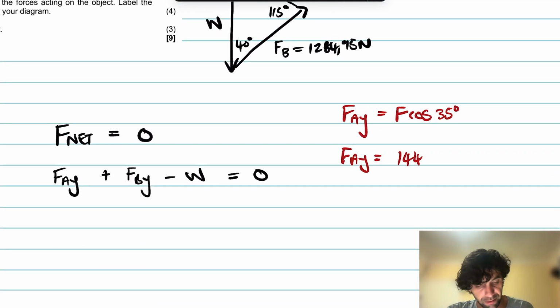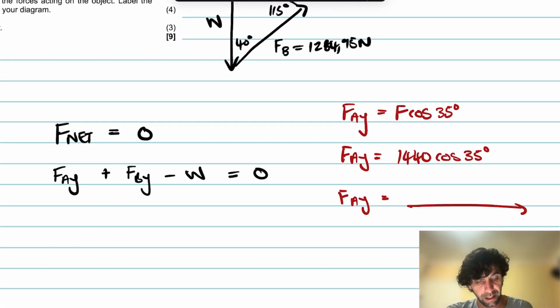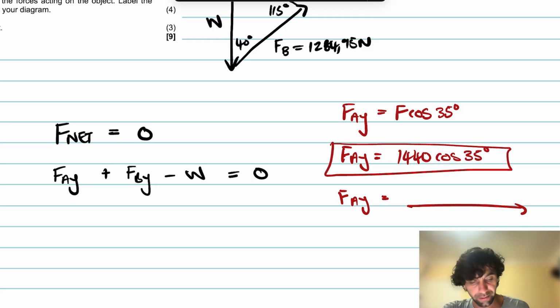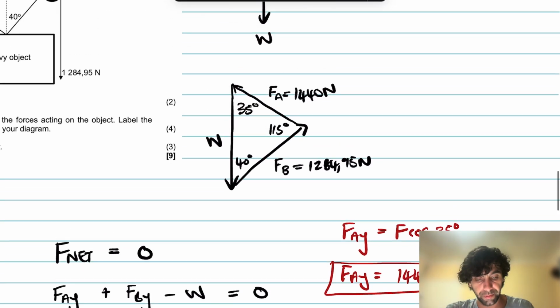That's 1,440 cos of 35 degrees. You can work that value out and save it in your calculator, or you could just keep it like this, because we could very easily plug it into our equation there.